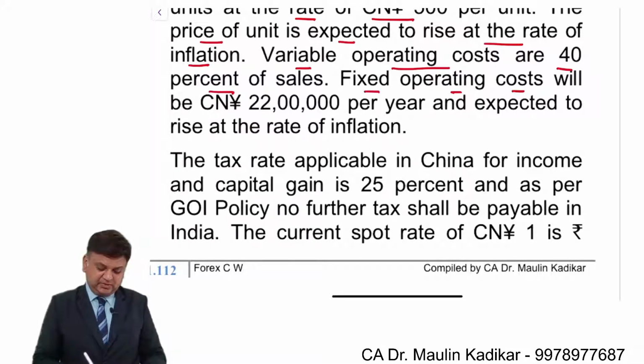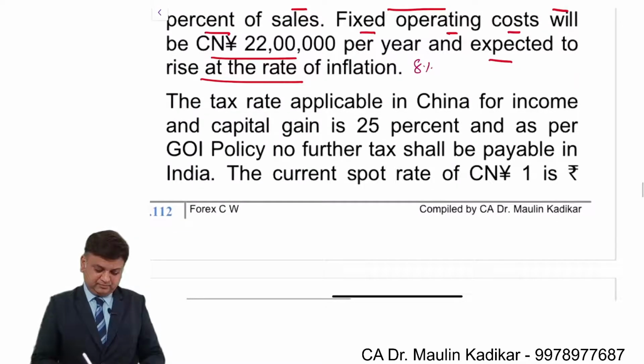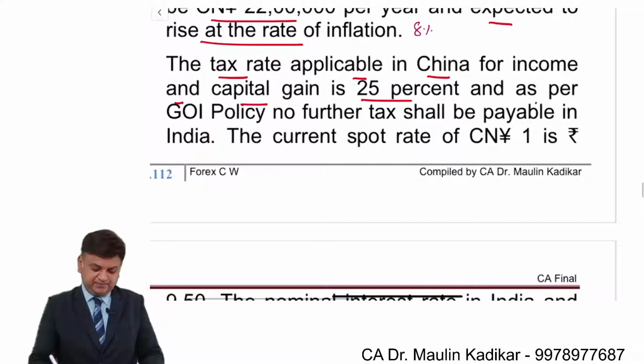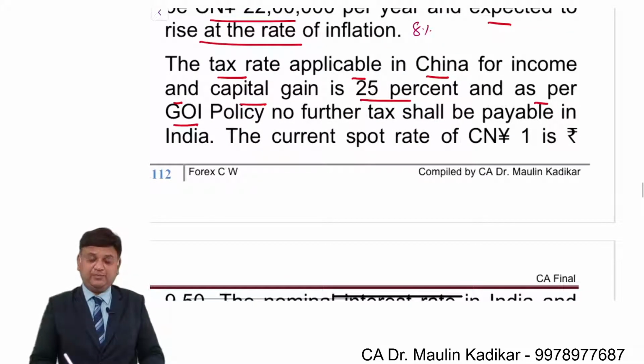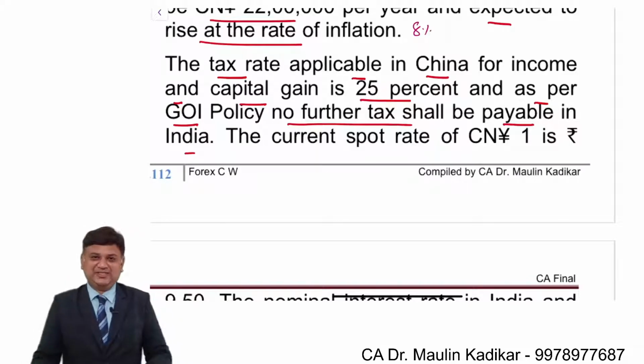Fixed operating cost will be 22 lakhs per year and expected to rise again at the rate of inflation, that is 8% in this example. Tax rate applicable in China for income and capital gain is 25%. As per Government of India policy, no further tax shall be payable in India. So when you will repatriate the cash flows over here, there is no tax.